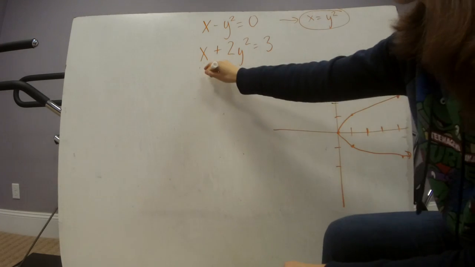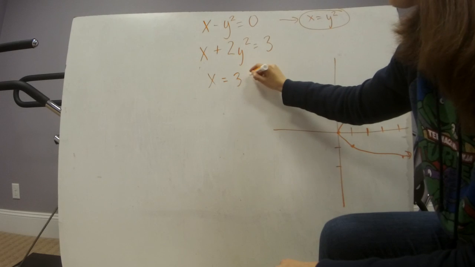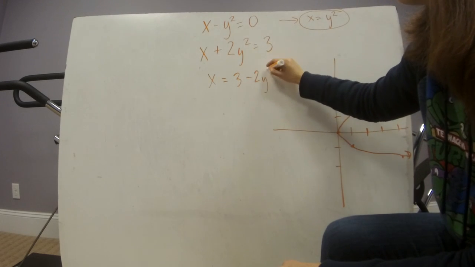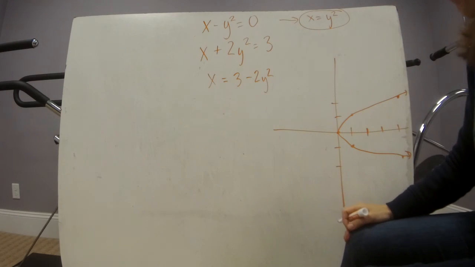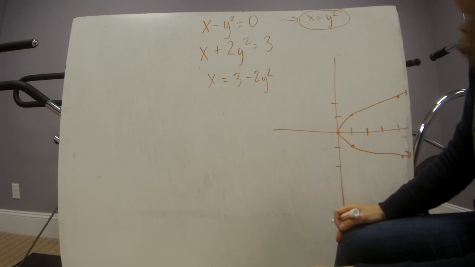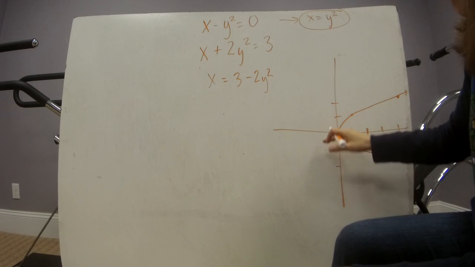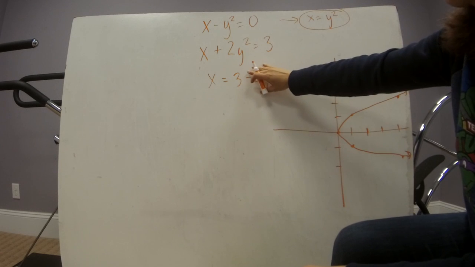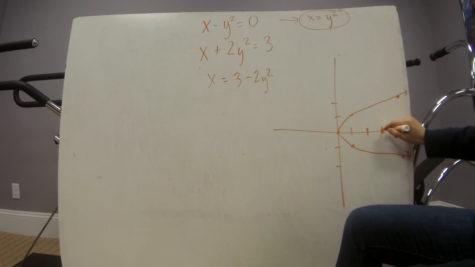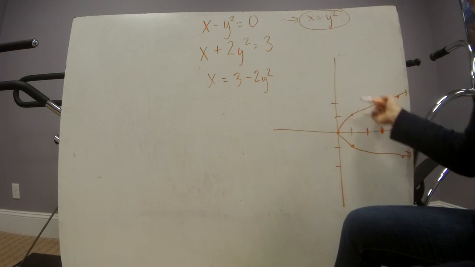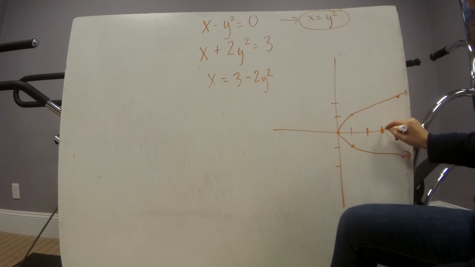And then, if I have this guy, 3 minus 2y squared, as soon as I see this minus, I know it's going that way. Right? Because if I plugged in 0 for y, I get x equals 3. So I know, boom, right here x is 3. And then it's opening this way because it's going backwards from that one because it's a negative slope.